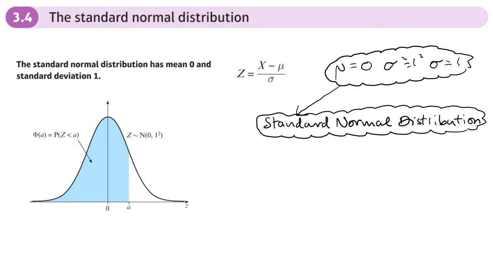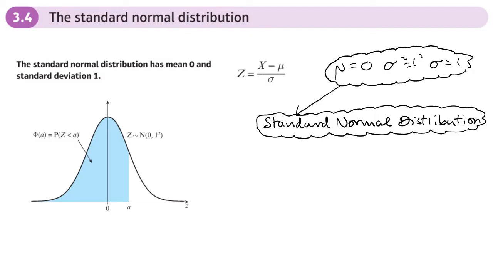And where it really comes into its own is where you get questions where you need to work out what the mean is, or you need to work out what the standard deviation and variance is, because there's no mode on your calculator that lets you work backwards that way if the mean is unknown or the variance is unknown.